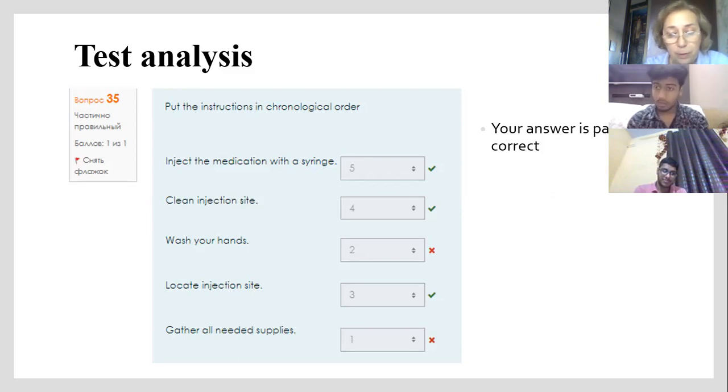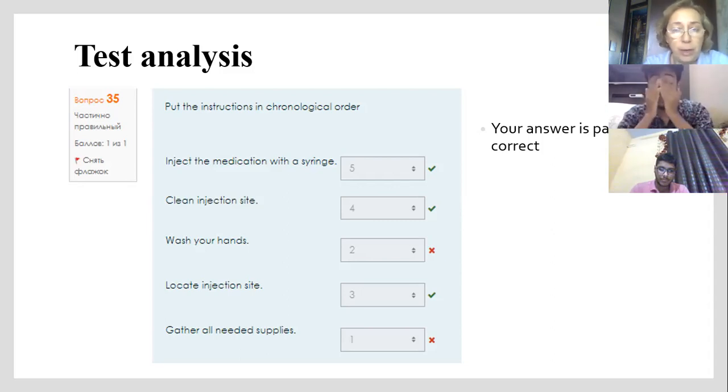Okay, yes, it depends on the situation. Have you ever had an injection in a hospital? The nurse who does the injection normally just washes her hands before she touches the syringe. So yes, it depends on the situation.